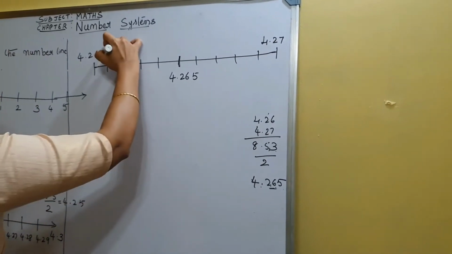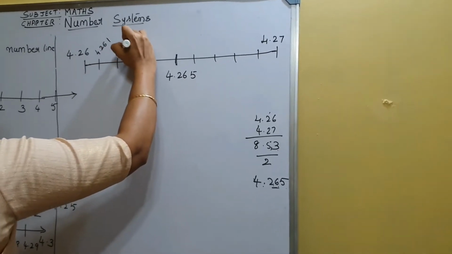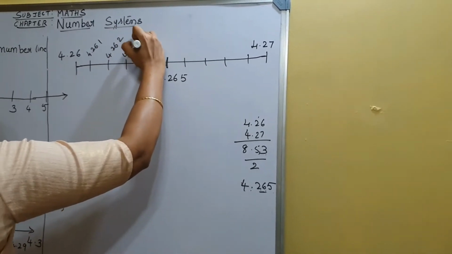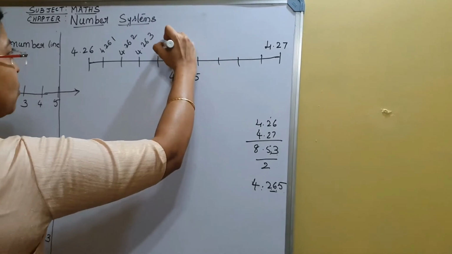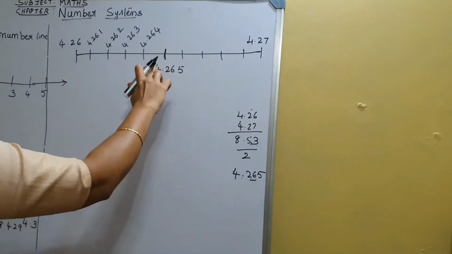So we start here: 4.261, 4.262, 4.263, 4.264, and the fifth, 4.265, will be the midpoint.